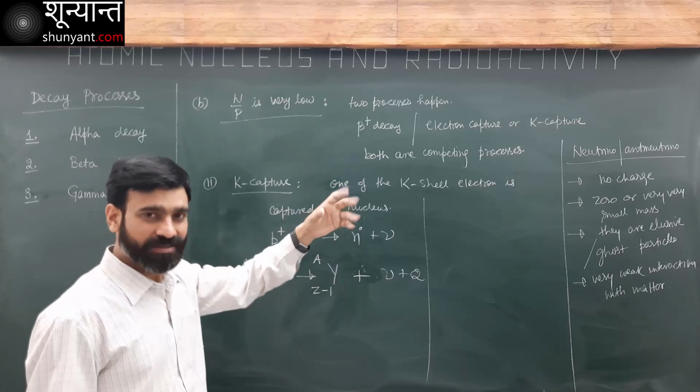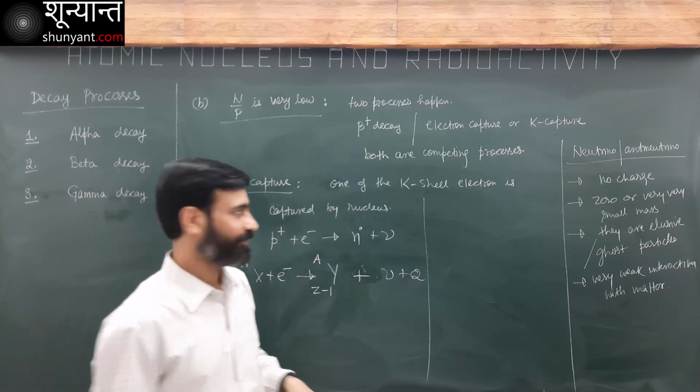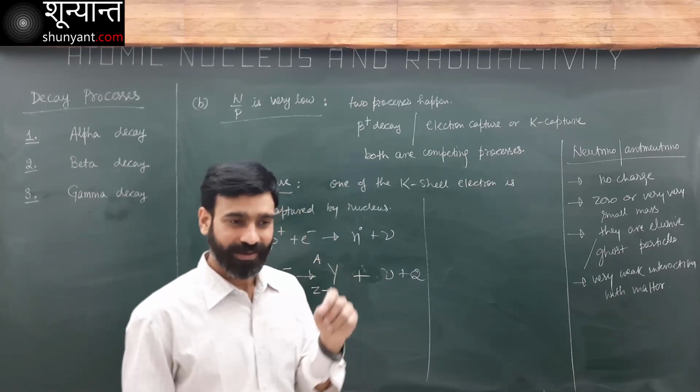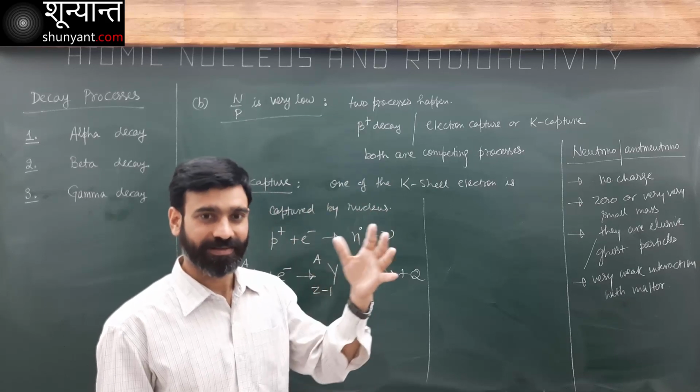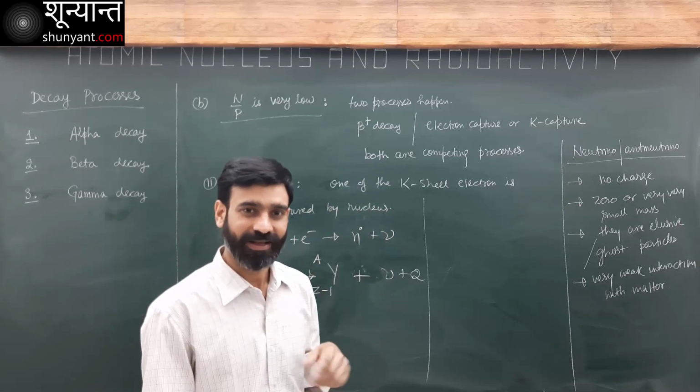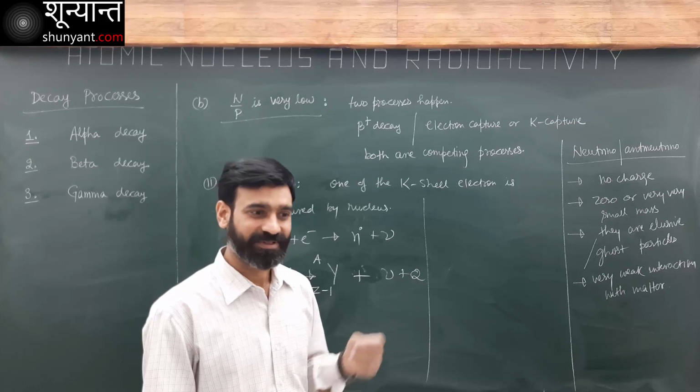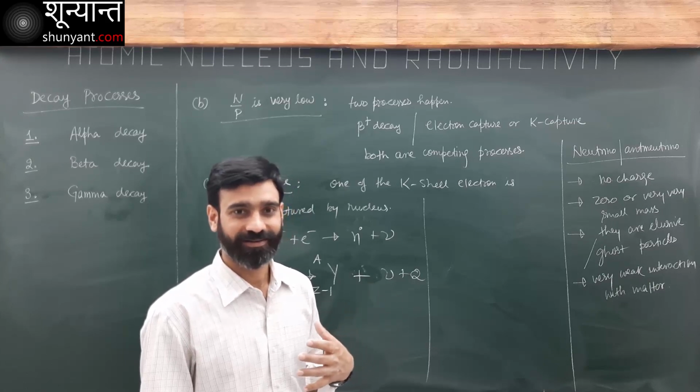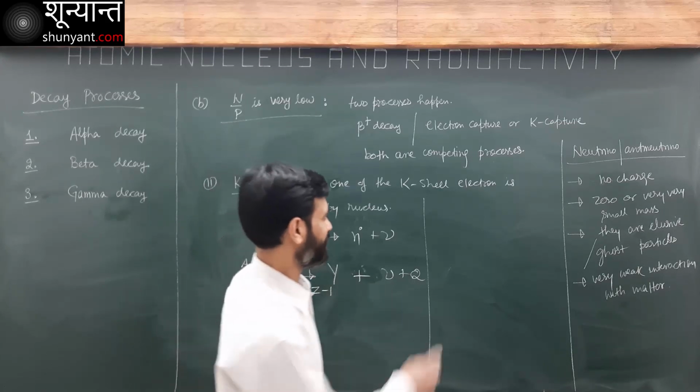So one of the electrons is captured, a vacancy is created, and that vacancy is filled up by the higher energy shells. What will happen? We have studied that in the last chapter. X-rays will be produced.